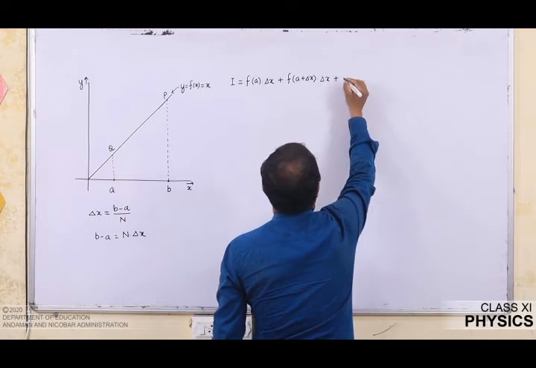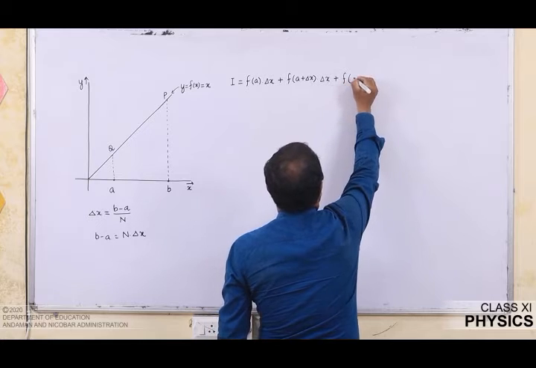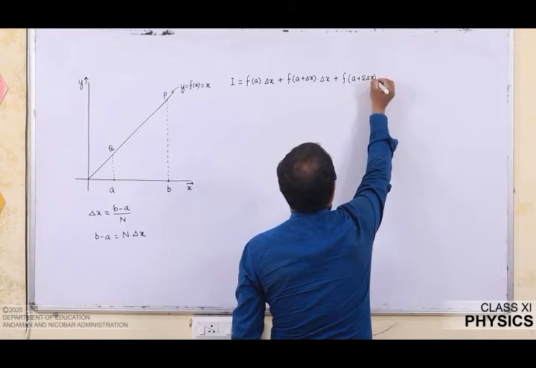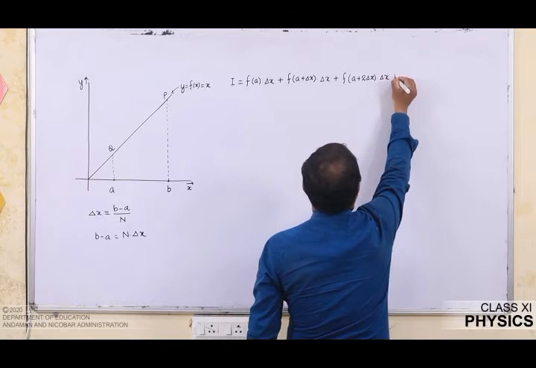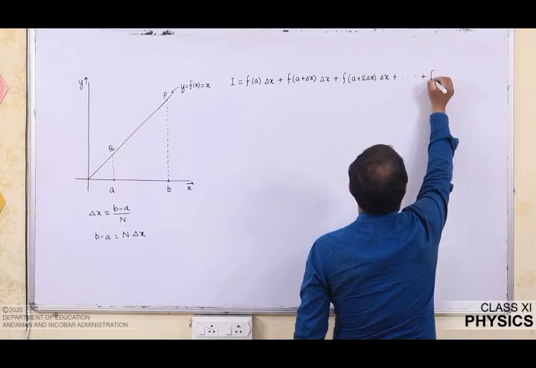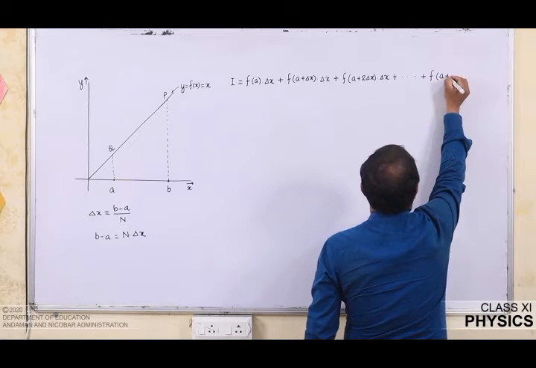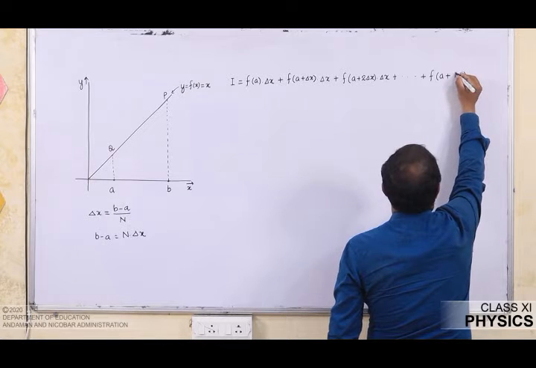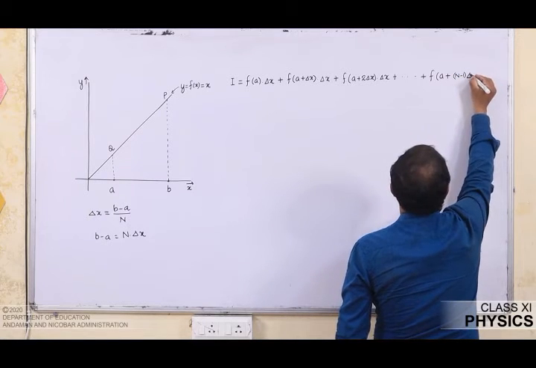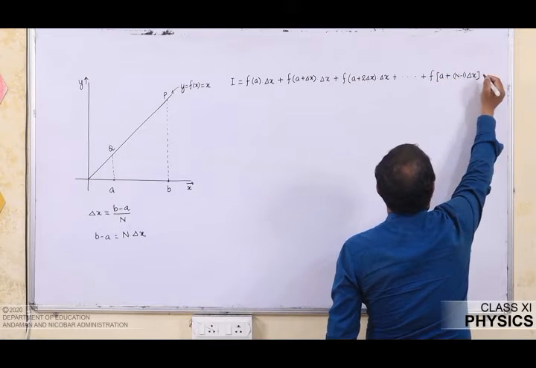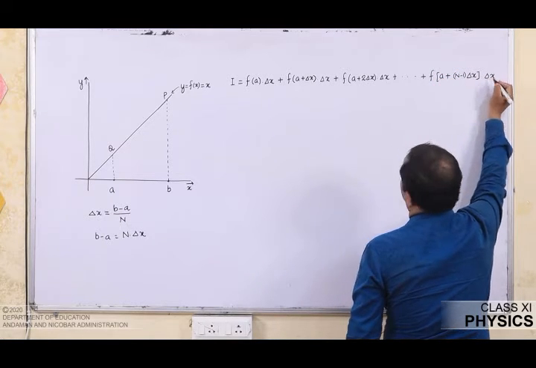This will continue up to f of a plus 2 del x times del x, plus this will continue up to f of a plus n minus 1 times del x times del x.